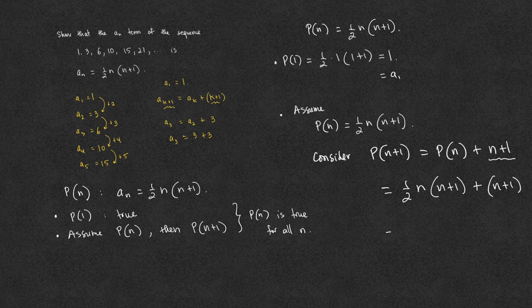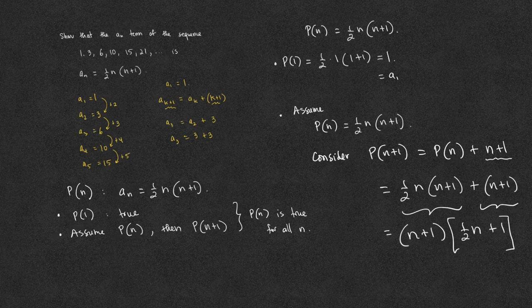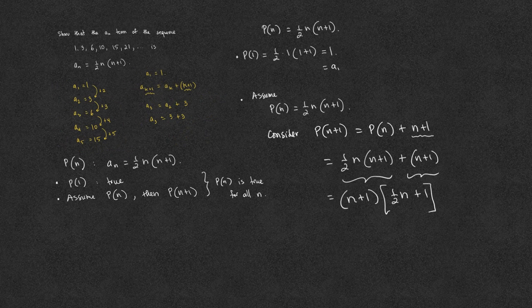There are two terms here, and both of the terms have n plus 1 in common, so we would factor out n plus 1. What we end up with is 1/2 n plus 1. We then factor out 1/2. We will keep n plus 1.